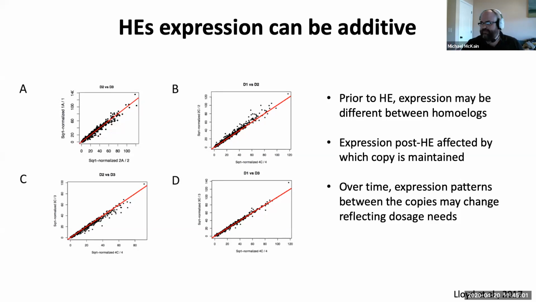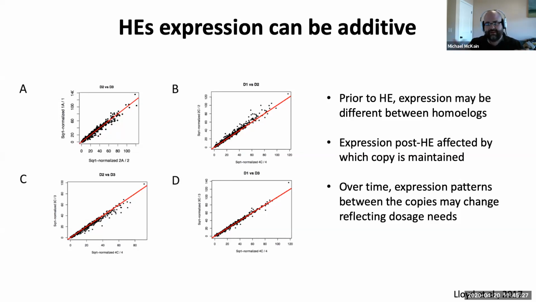So expression post homeologous exchange can be affected by which copy is maintained. It can be additive, they can both go up, they can both go down, they can change. I can also imagine it depends on what portions of the genes were actually copied over. You might have a different exon space, but maybe you didn't copy over the regulatory region, so it has the same transcription factor binding sites, and it still has a similar expression pattern to what it had before.